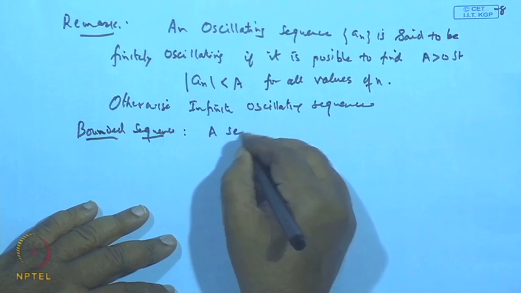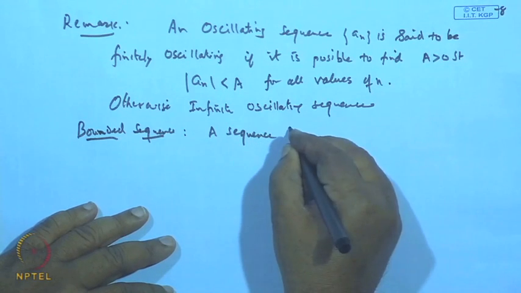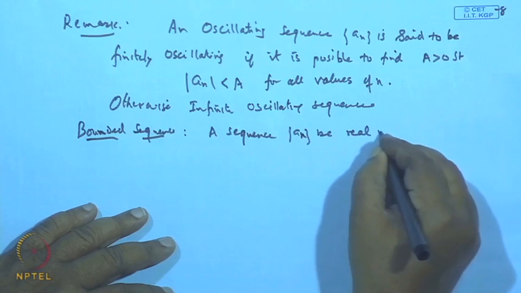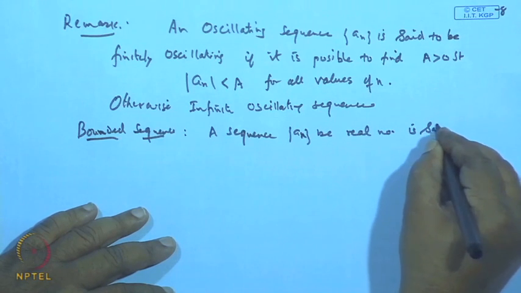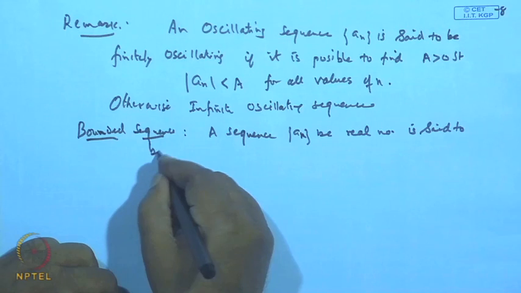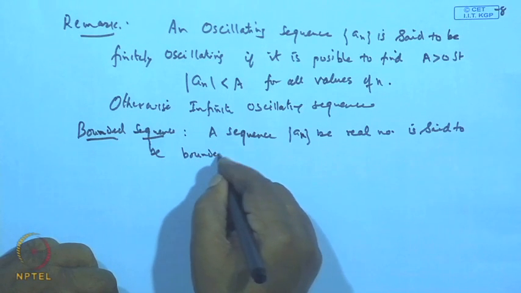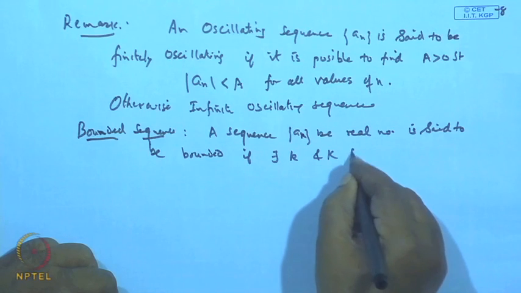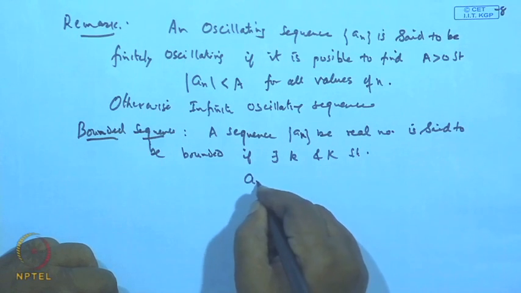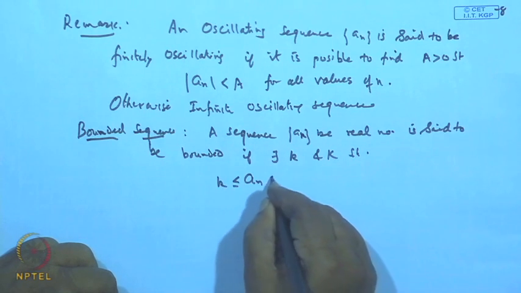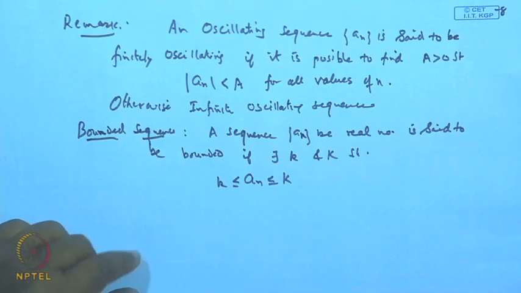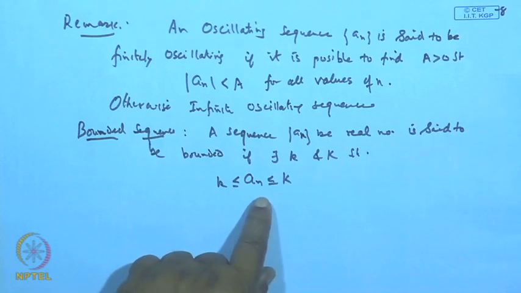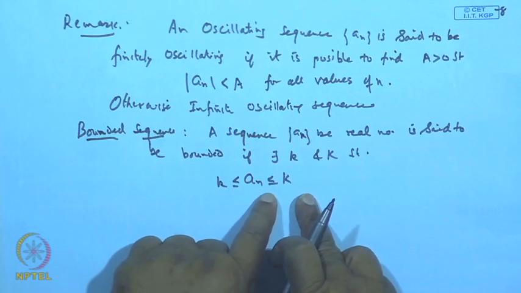A sequence a n of real numbers is said to be bounded if there exist small k and capital K such that small k is less than or equal to a n, which is less than or equal to capital K. Suppose we have the two bounds. It is not necessary that we have the same bound.